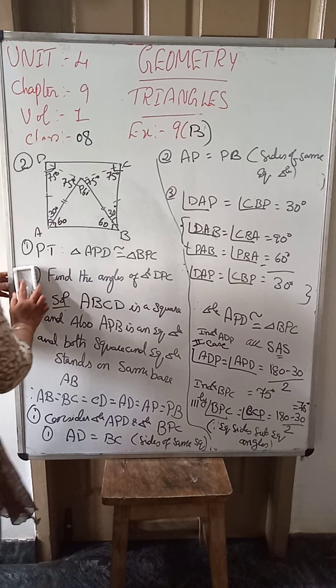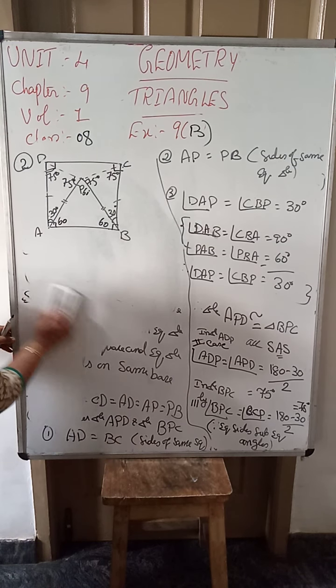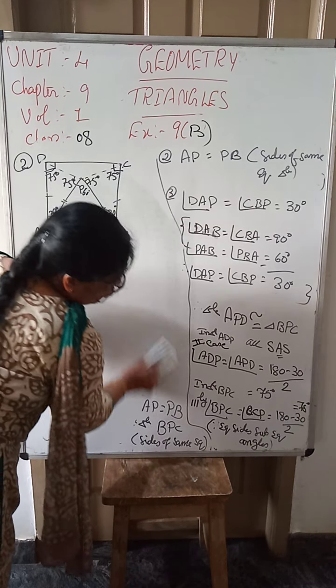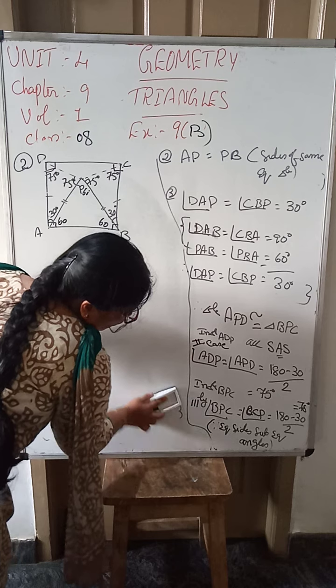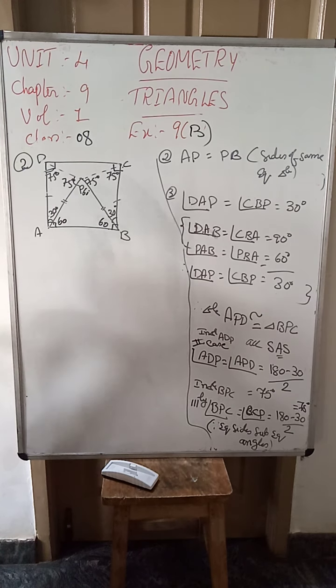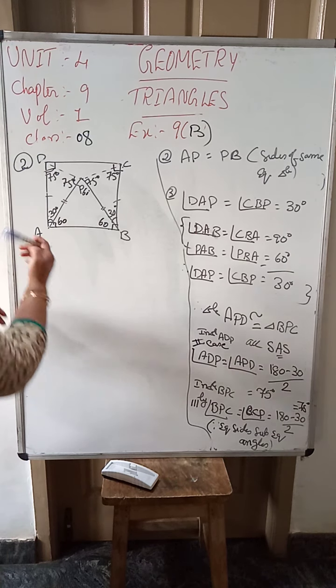Now let me rub this. To find the angles of triangle DPC. See, these are all big problems. Even though it carries 4 marks, for the part of explanation I am giving all these things. You can carry out this thing straight away.